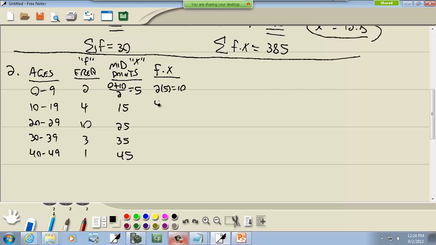We'll take 4 times 15, which gives us 60. We'll take 10 times 25, which is 250. We'll take 3 times 35, 105. And we'll take 1 times 45, and that gives us 45.